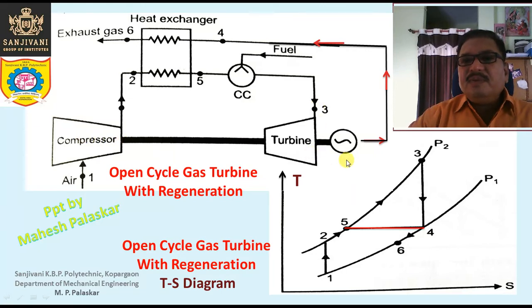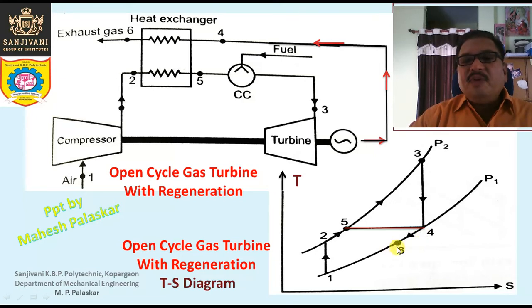So this process 3-4 is the expansion process. 3-4, isentropic expansion in the turbine, right? Now after that, the process 4-6.